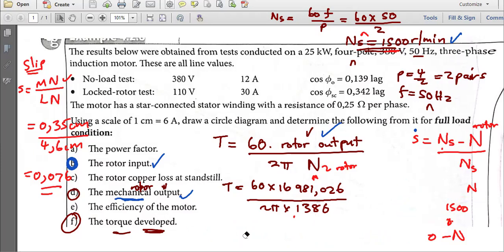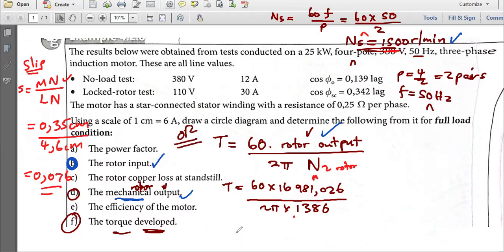So that is how we can have these values. This type of question will be in your hands. You can answer it any way. So this is another way that we could have calculated our torque. This value for torque was going to give us 116,996 Newton meter. So as you can see, it's approximately the same, just a little bit different.